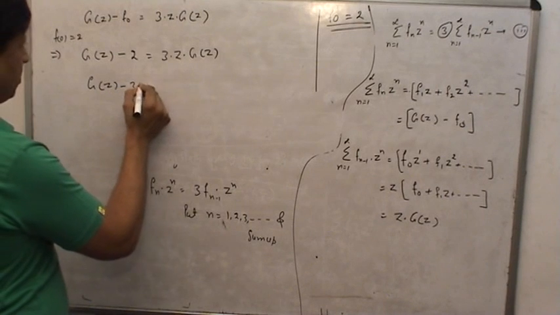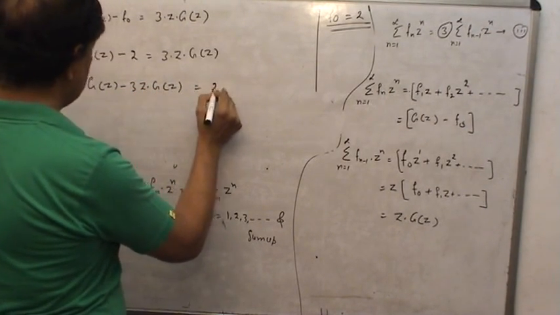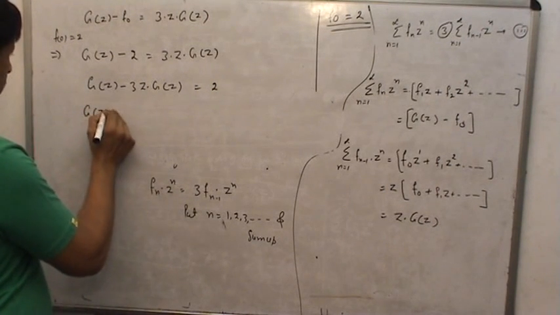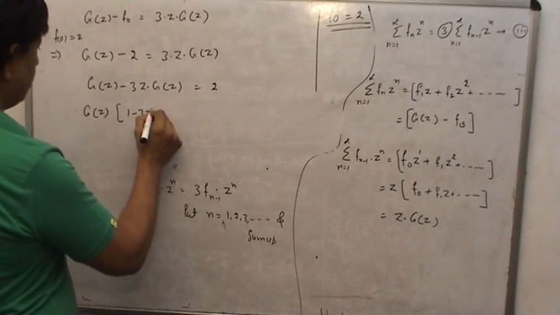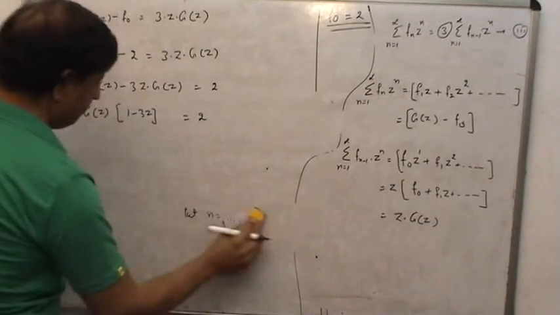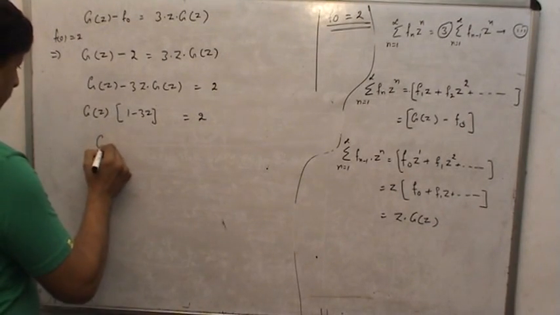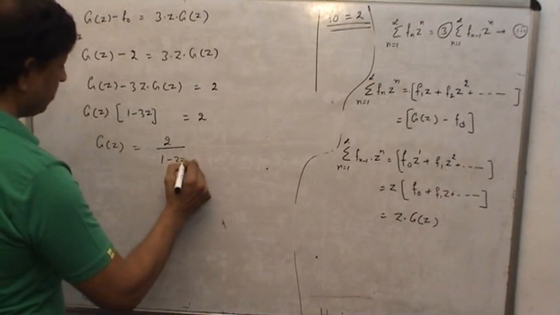gz minus 3 times z into gz is equal to 2. Take the common generating function, that is (1 minus 3z) gz is equal to 2. Let's see, gz is equal to 2 upon 1 minus 3z.